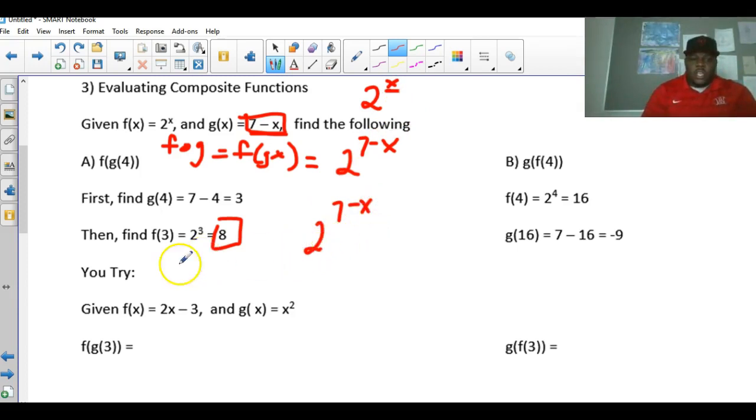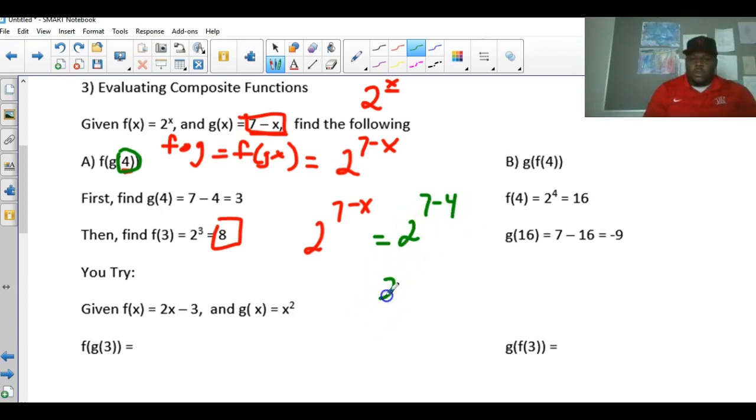So now the question is, what is the value we're going to evaluate for? And guys, here's the value we're using, 4. If I do this, I end up with 2 raised to the 7 minus 4.